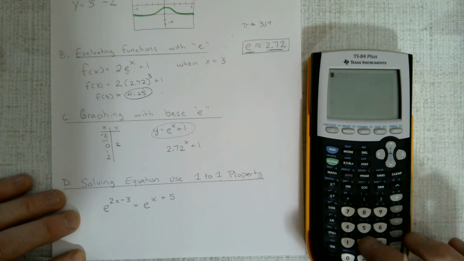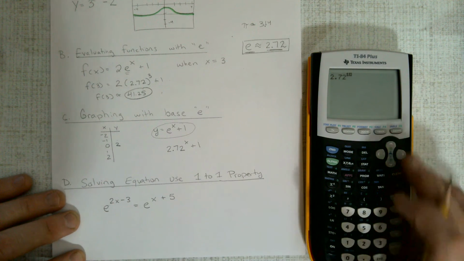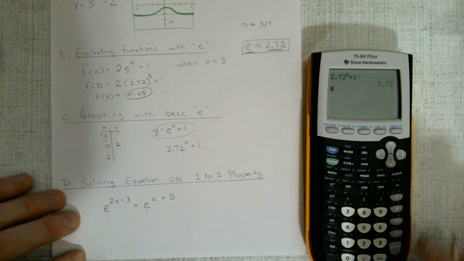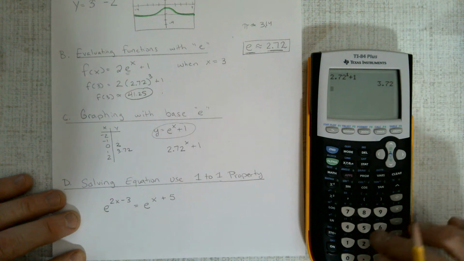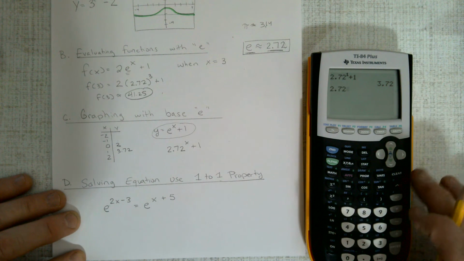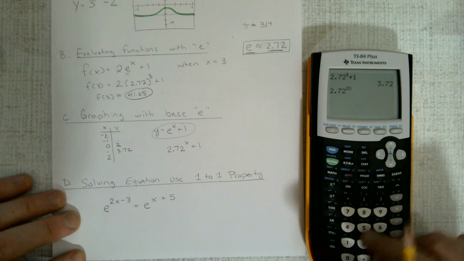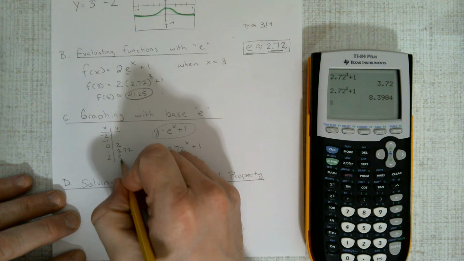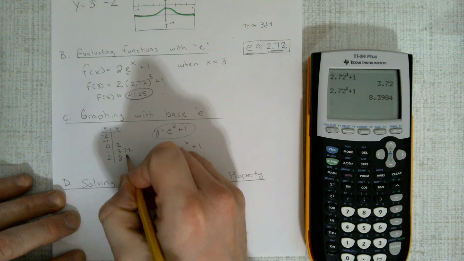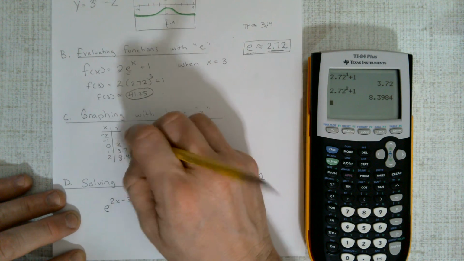Now I'm going to do 2.72 raised to the first power plus 1. Outputs 3.72. And you're going to be making a graph, and you'll have decimals, so you're just going to estimate where they go. Second power plus 1. 8.4. It'll be enough to just do one decimal to graph them.